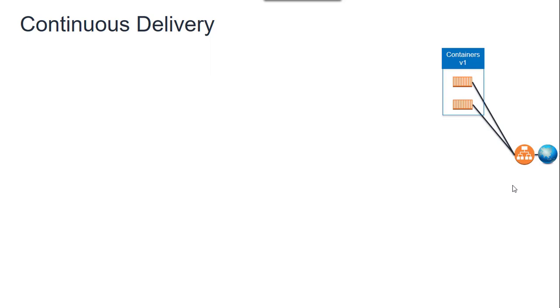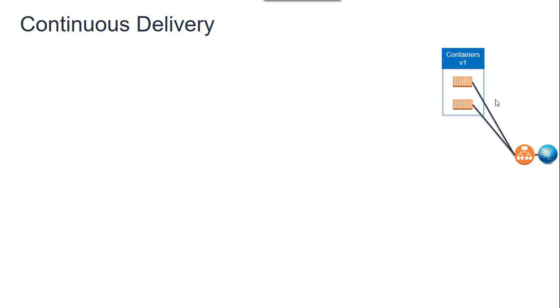Let's go through a high-level design of a continuous integration system. Let's say you have a website running behind a load balancer, and this load balancer points to two containers running version 1. We already know how to configure this kind of setup.